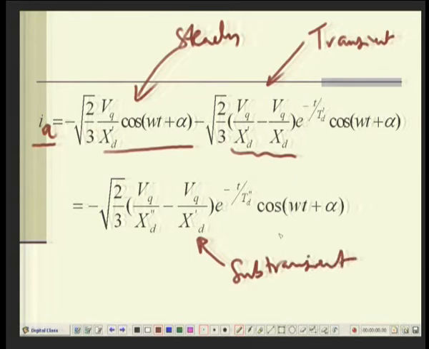I think it is XD. XD. Now, you will notice that when time t equal to infinity, these terms will vanish, okay, and we land up with this term only, okay.